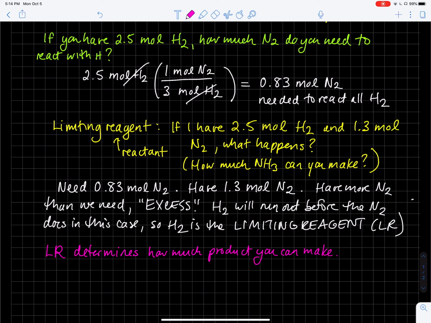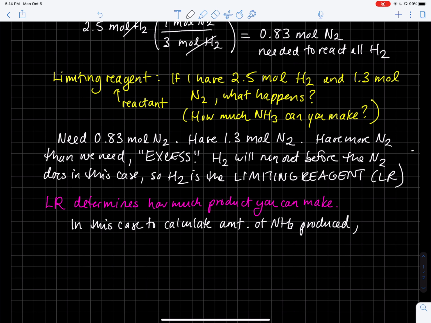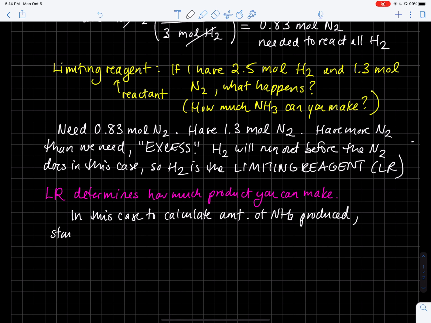So as much H2 as you have is as much product as you'll make. To calculate the amount of ammonia produced, the starting point is always the limiting reagent.